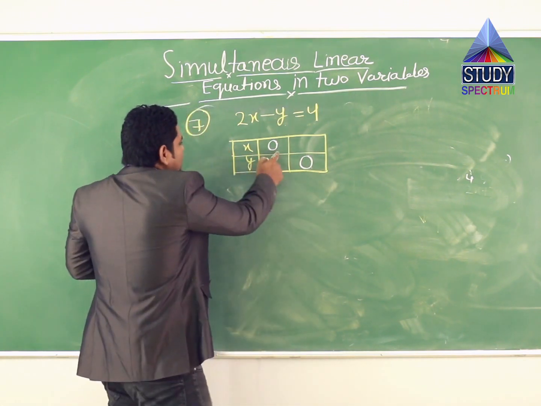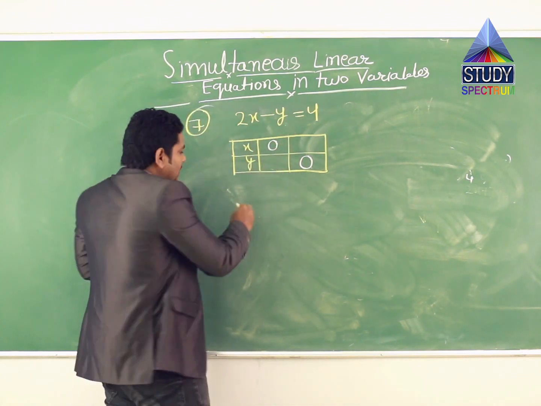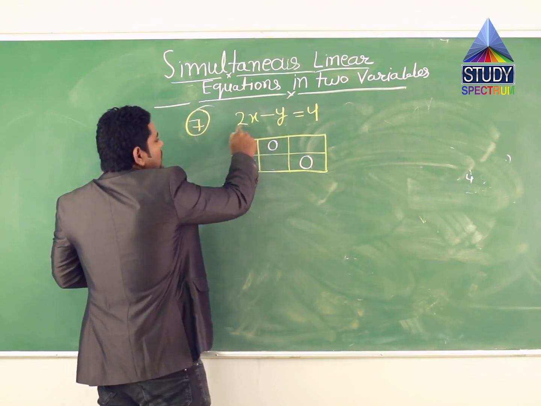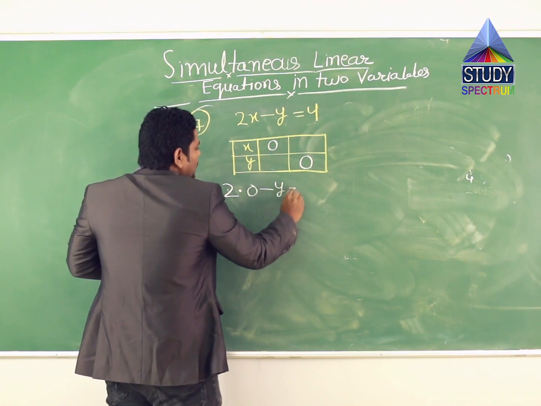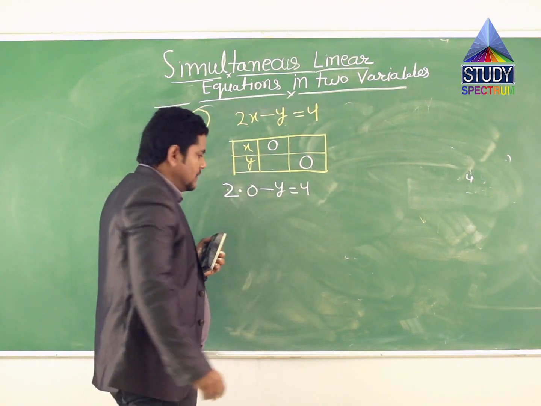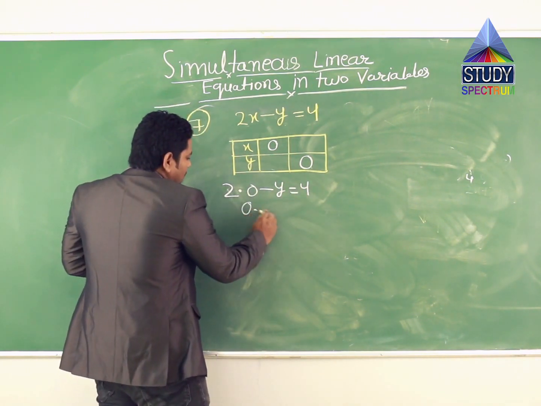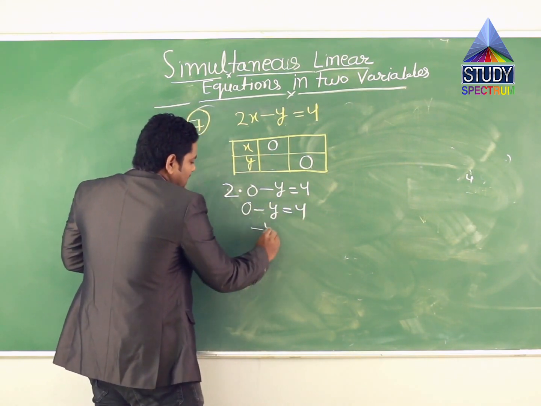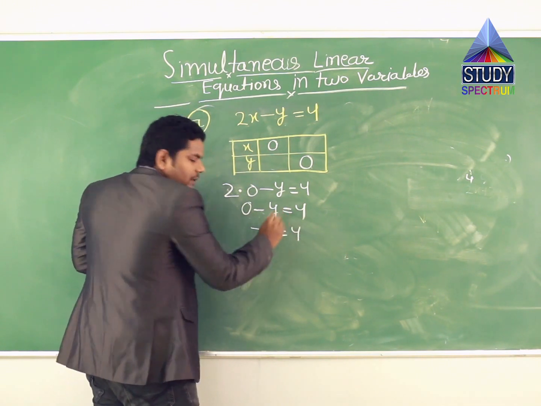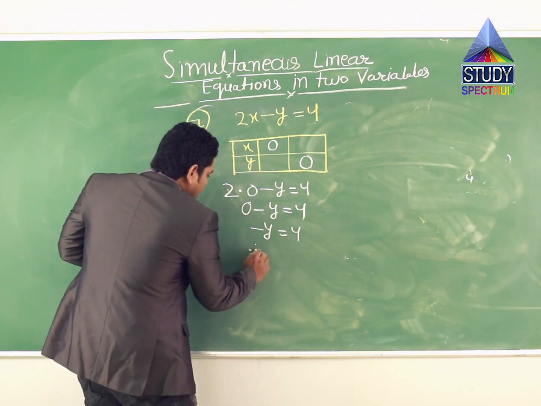So now if x equal to 0, then what will be y? We'll put x equal to 0 in this equation. 2 into 0 minus y equal to 4. So 2 into 0 is 0, minus y equal to 4. 0 minus y is minus y equal to 4.